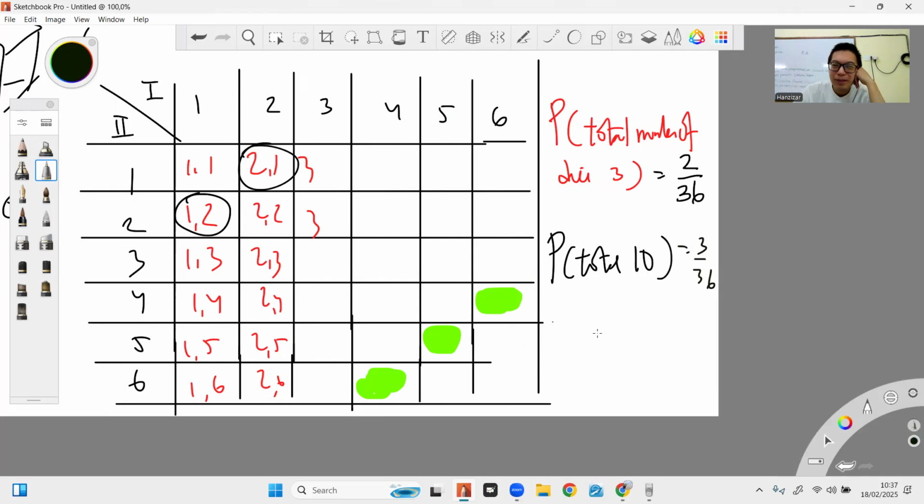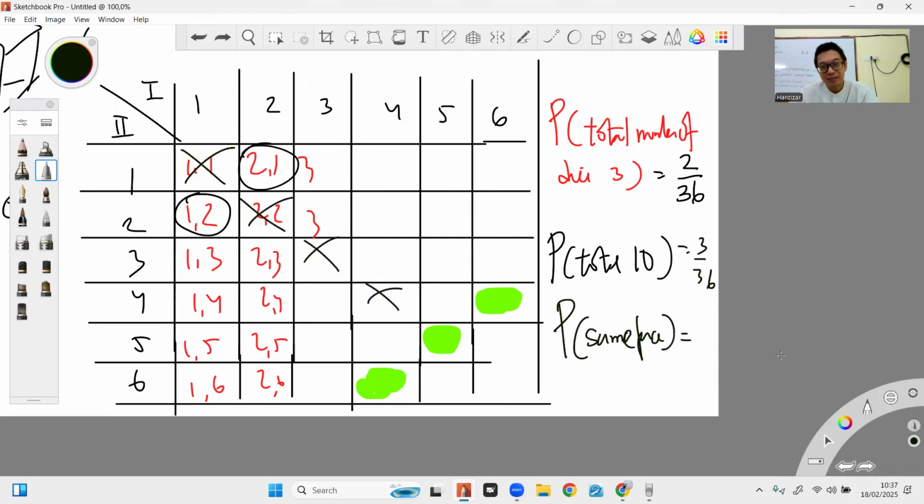What is the probability of same numbers, same faces? 1,1; 2,2; 3,3; 4,4; 5,5; 6,6. 6, right? Yes, that's it. So we go to advanced right now, but you understand, right? Okay, Adeline, the probability of total 5.